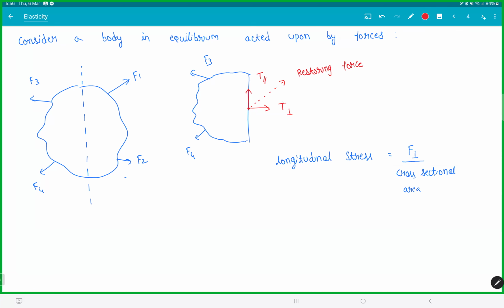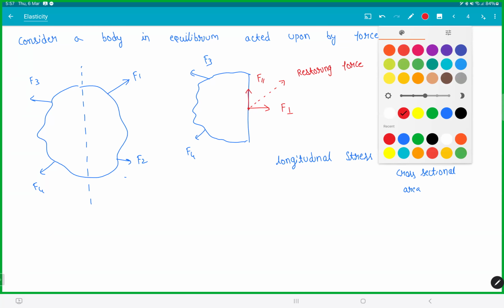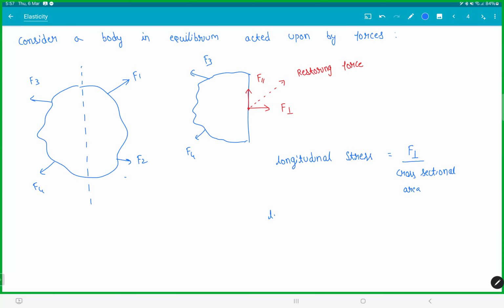Maybe I can just write this as F. And then we have something called shearing stress, which is the force parallel to the cross-sectional area.